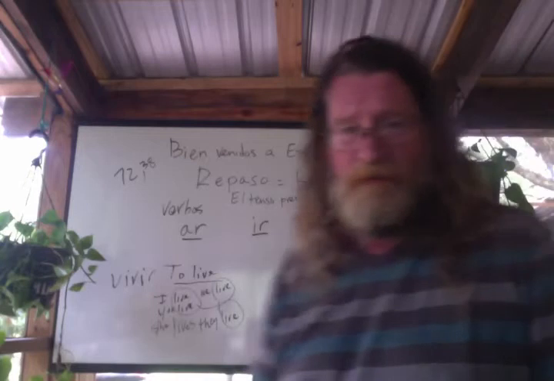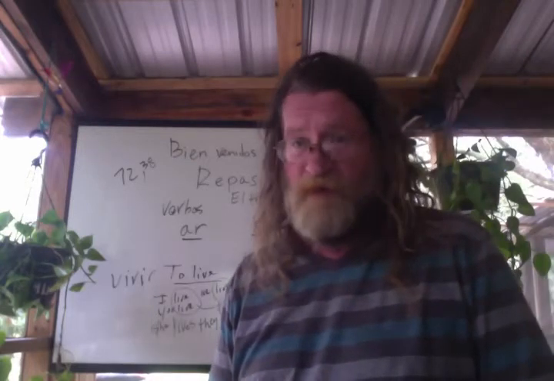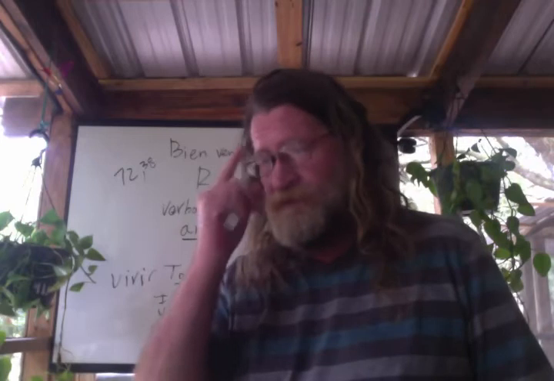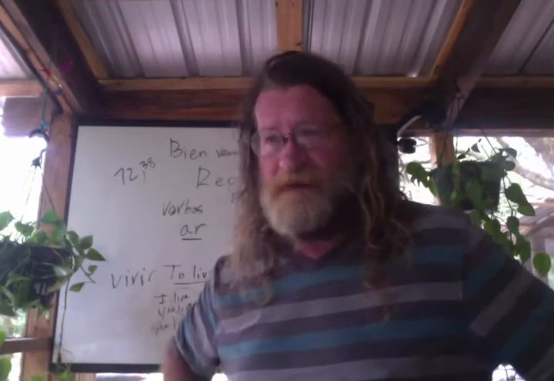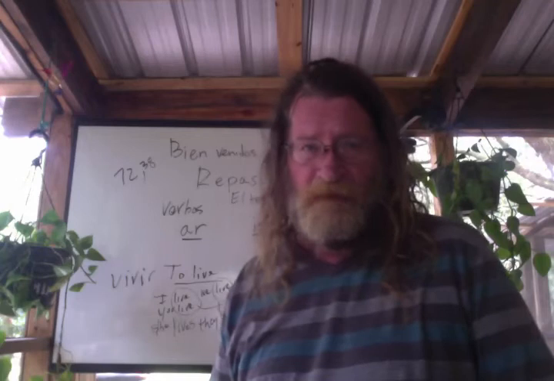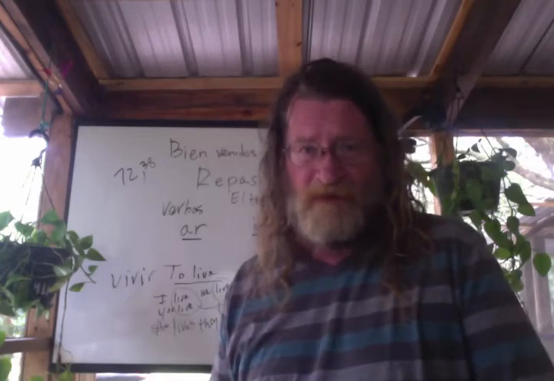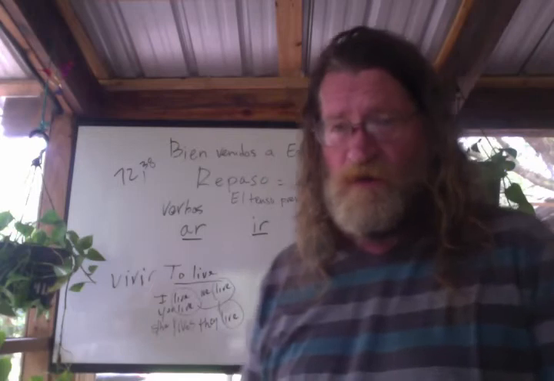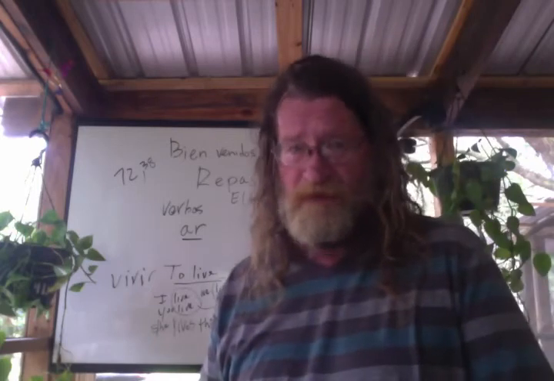And this is how we make verbs do what we want them to do. Because, for example, in English, if I said, I to go to the store, you would know that I'm not a fluent English speaker. Because I say, I go to the store. Or we go to the store. Or they go to the store.